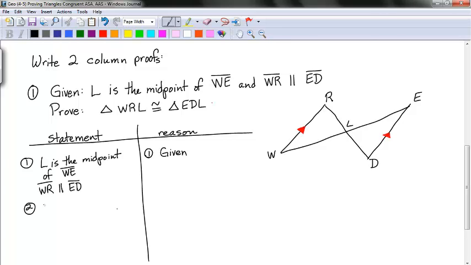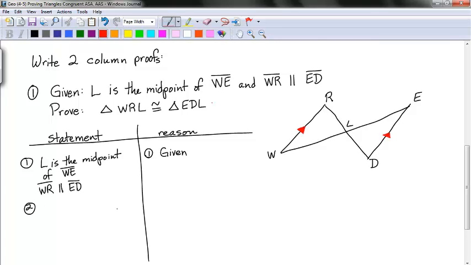Okay, if L is the midpoint, and I'm trying to get triangle WRL, look at your picture, I'm trying to get WRL is congruent to EDL. Now, we won't always think alike, and I might even work the proof one way yesterday and one way today. There's not just one way.